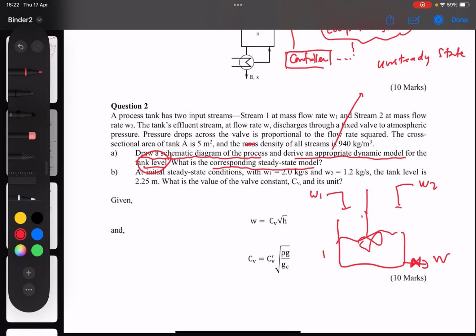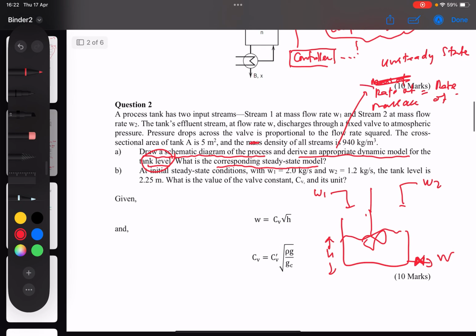In this case, we say that the tank level equals H, and then you have to derive it. Usually I expect you to derive it from the mass balance: rate of mass accumulated equals rate of mass in minus rate of mass out, and then you have to work out until you end up with dH/dt.